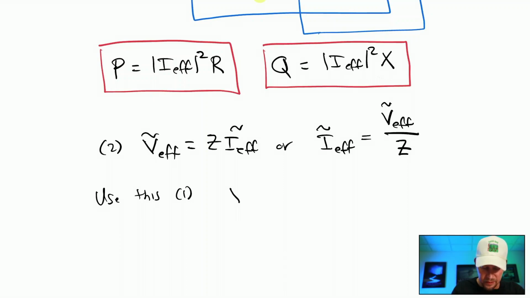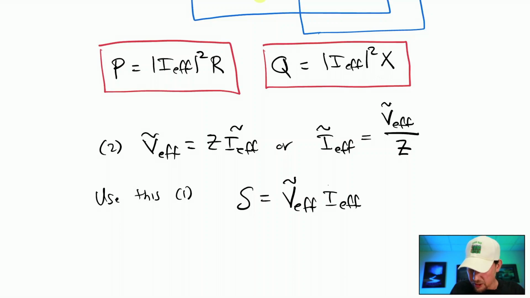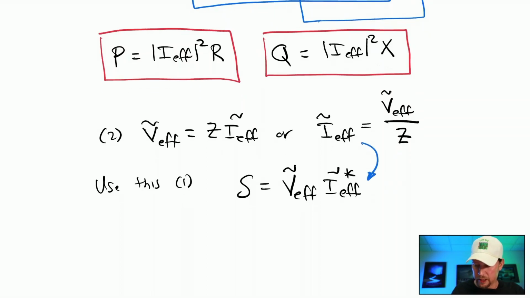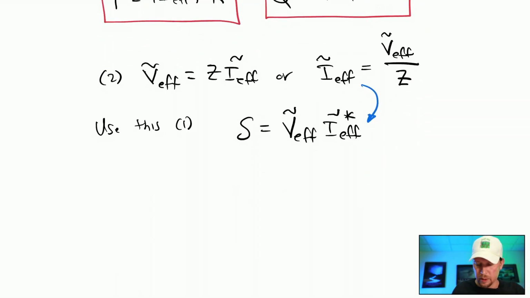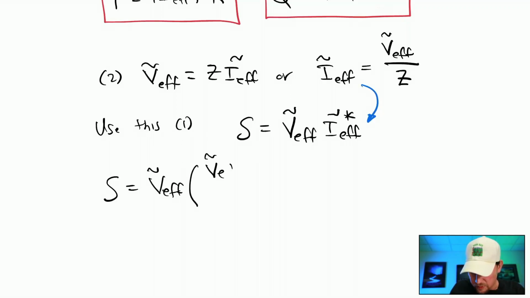Remember that my complex power, which is V effective times I effective complex conjugate, well, I can again use this directly in there. But you do have to take care with the complex conjugate part. So here I have the complex power is the effective voltage times the effective voltage divided by the impedance, times the complex conjugate.